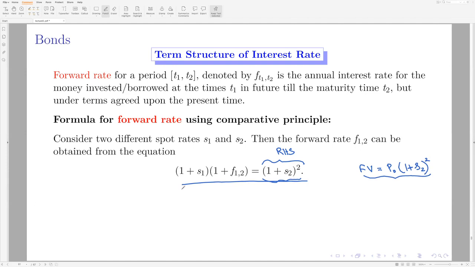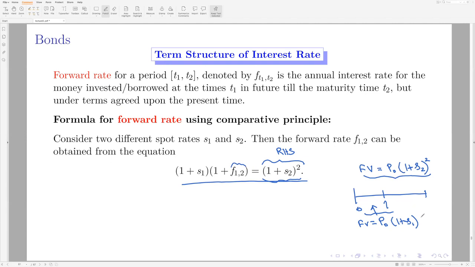And similarly, suppose what you did is you went for 1 year. Therefore, the future value of this is P0 times (1 + S1), the spot rate of the 1 year bond. That is, the future value is this. And now from here to here, instead of going for S2, you went for fixing a forward rate.